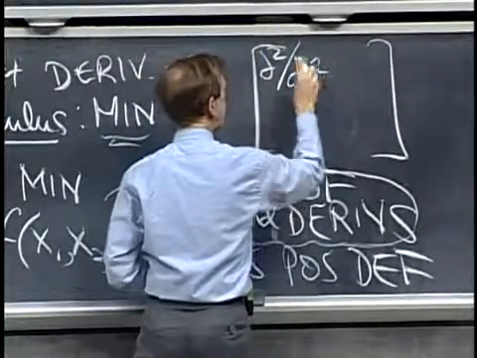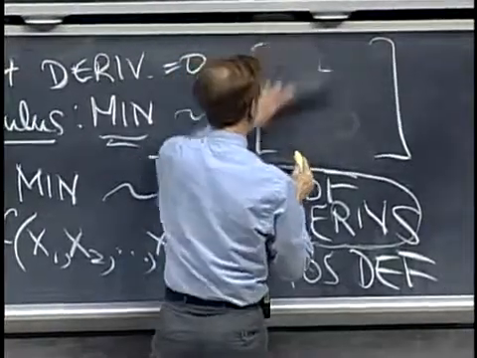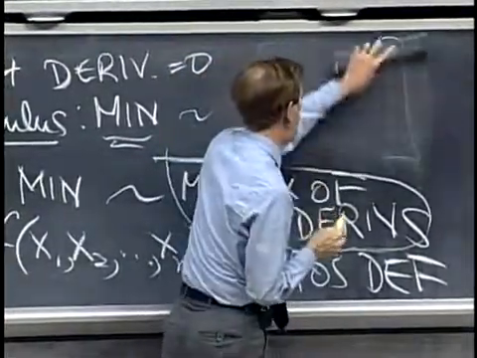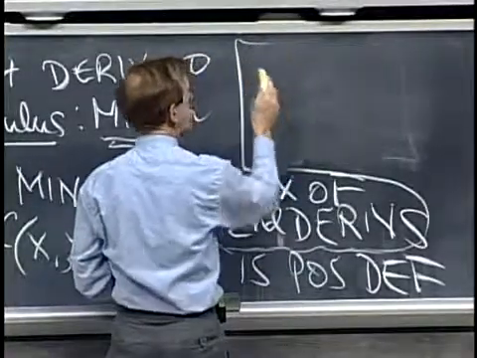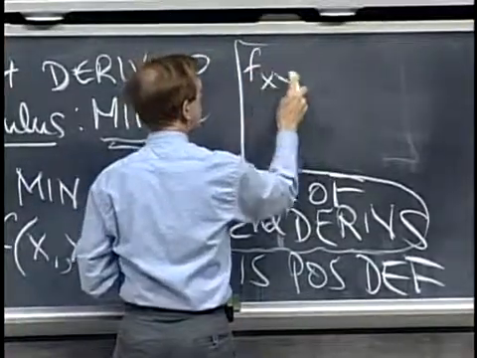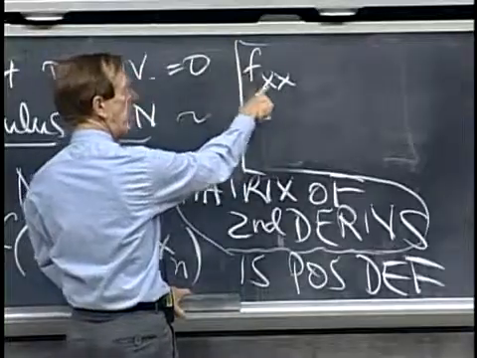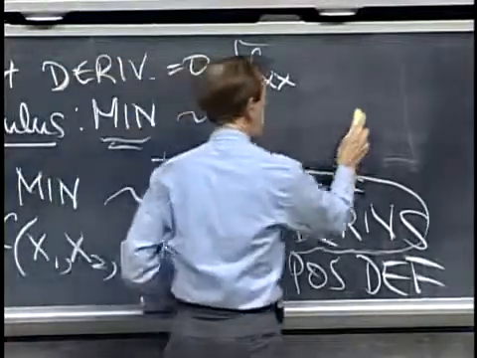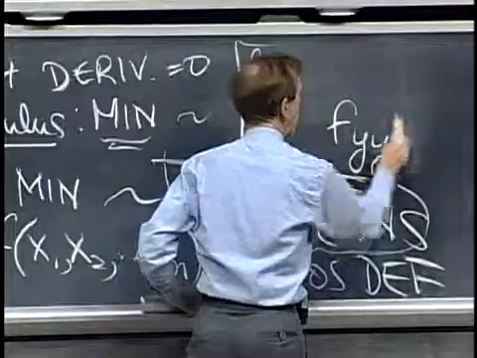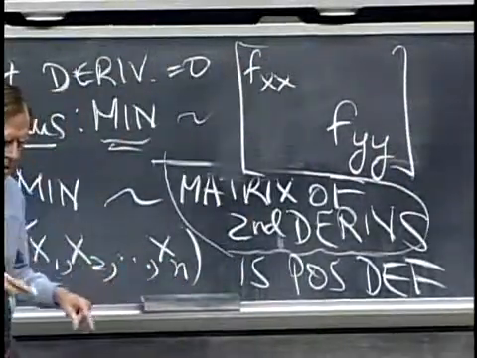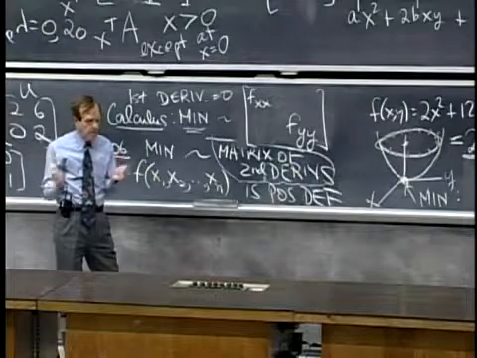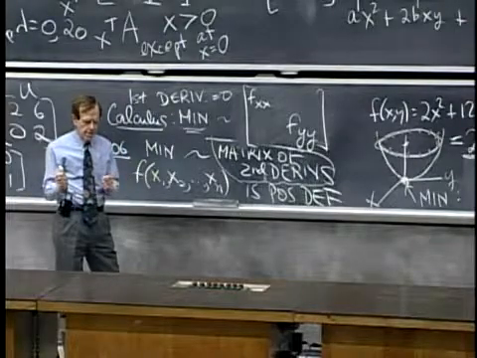The second x derivative goes there. Shall I write it? Yeah, this is fxx, if you like. fxx means the second derivative of f in the x direction. fyy, second derivative in the y direction. Those are the pure second derivatives. They have to be positive for a minimum.